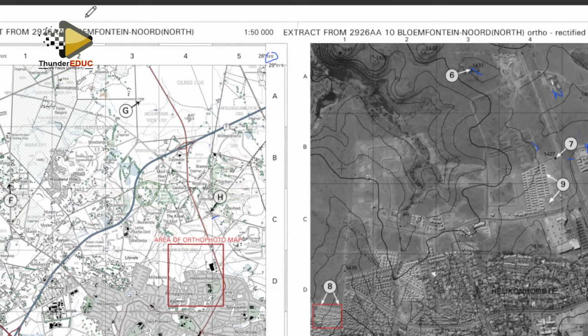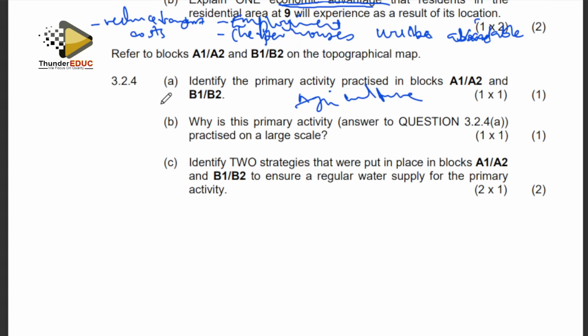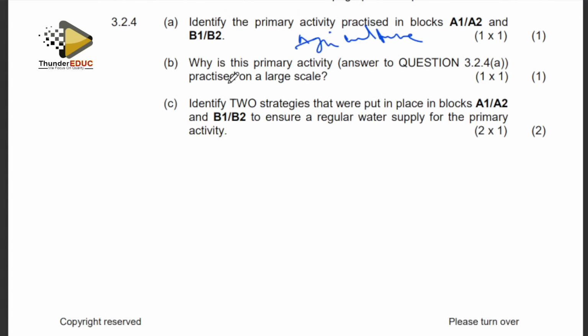But the main activity here is agriculture. Remember, if they talk about primary activity, we are referring to economic geography.